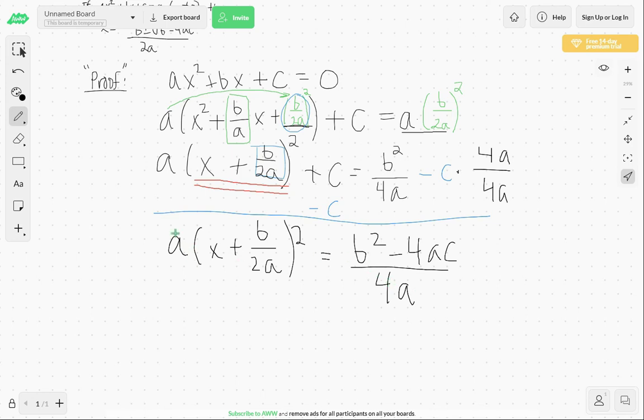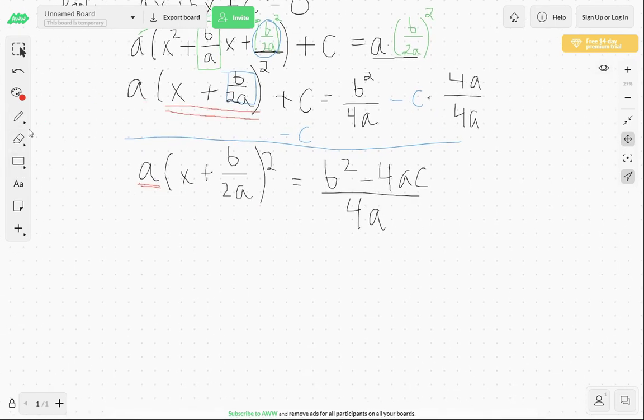Okay, now we've got to get rid of the a that's in the very front right here. So we'll divide both sides by a. Excuse me, that's just going to give us, back to black, x plus b over 2a squared is equal to b squared minus 4ac.